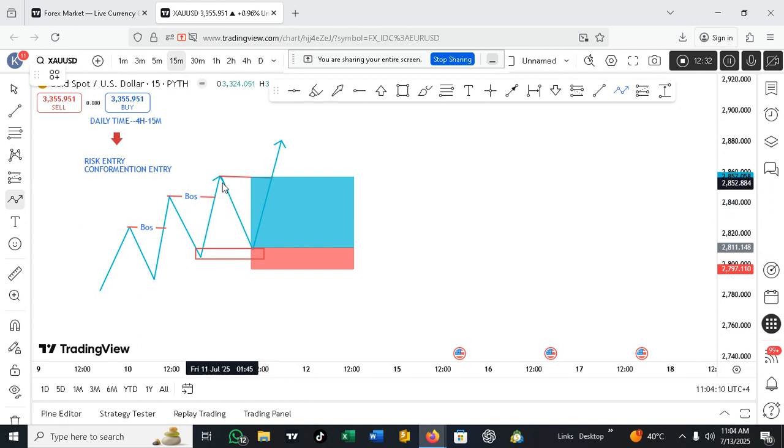But when you go to the 15-minute time frame, you will find it making new higher highs, new higher lows, like this.